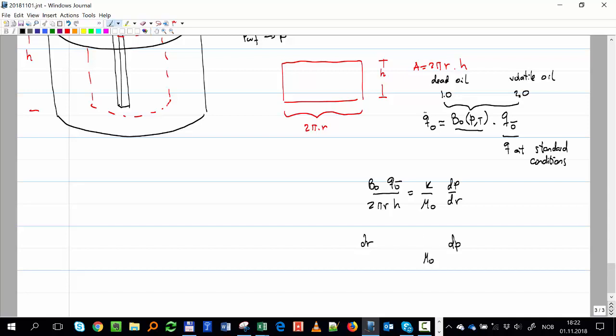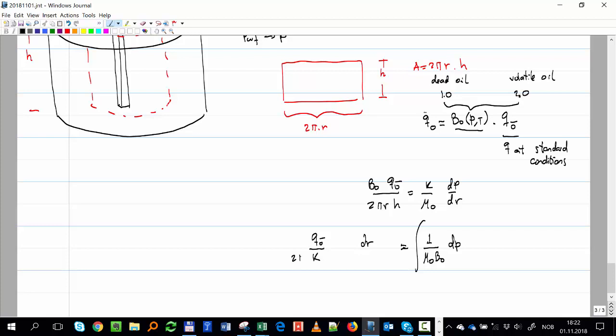Integral of that, and there I get dr. We have here Qo. This is a constant.